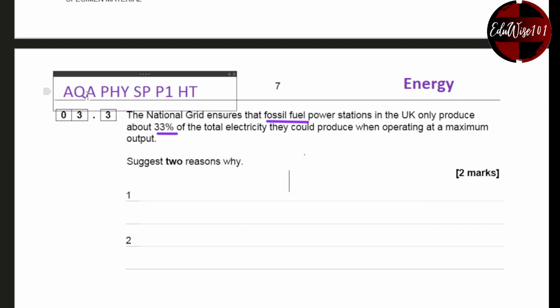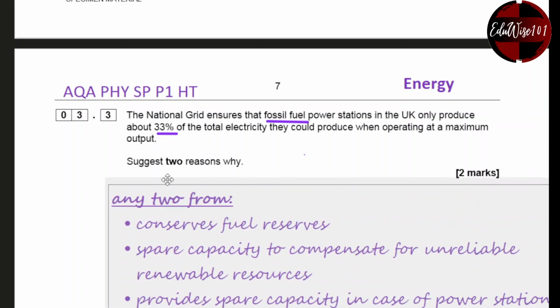And it also makes sure that they have enough fossil fuel in stock, so that if it's a rainy day with no wind, then you're not going to produce a lot of energy from both solar and wind. That means you'll have to rely more on the fossil fuels to generate electricity. So any two of these should be fine.